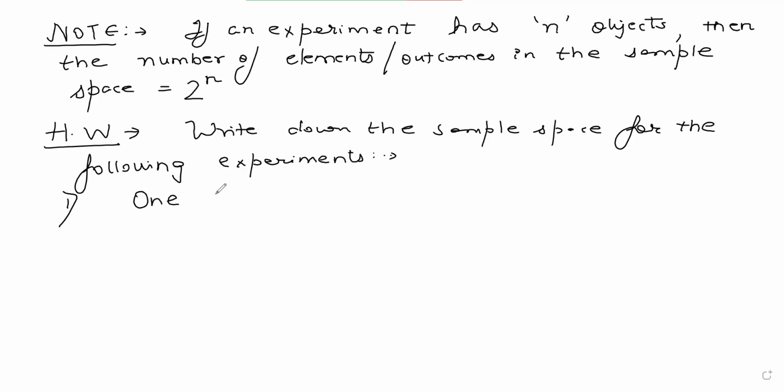1 coin is tossed. And I can say 1 fair coin. Fair means it contains 2 outcomes, heads and tails. 1 fair coin is tossed. Another experiment is 2 fair coins are tossed.